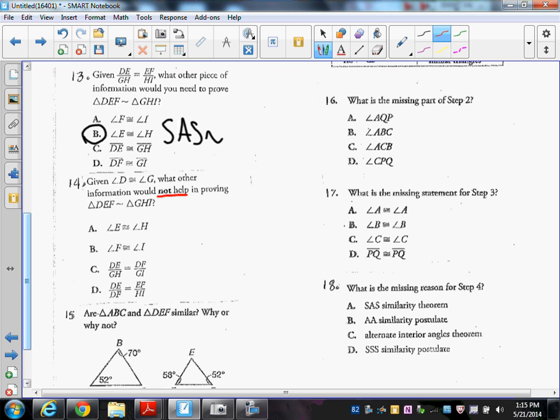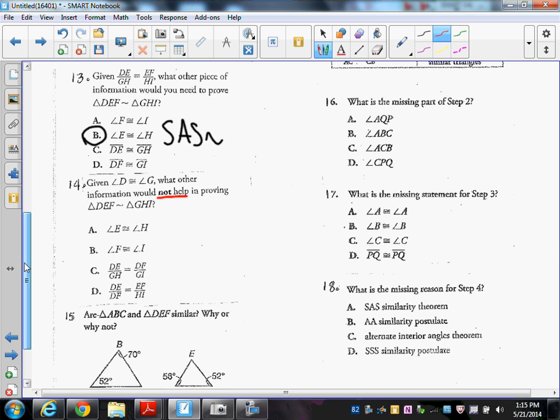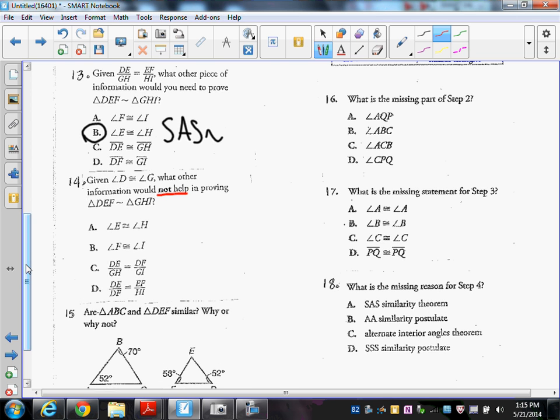So I know that if I have two angles that are congruent, that's going to prove it by angle-angle similarity both times. So if E is congruent to H, or if F is congruent to I, I would know that that would be enough by angle-angle similarity. So it's not A or B.